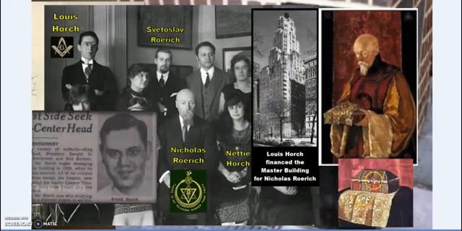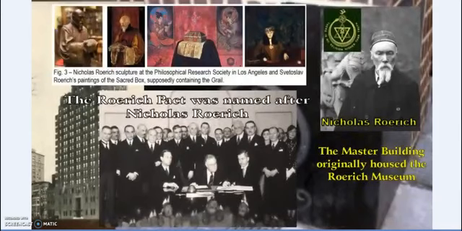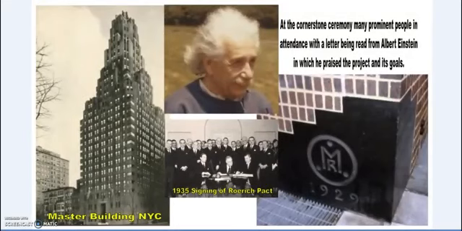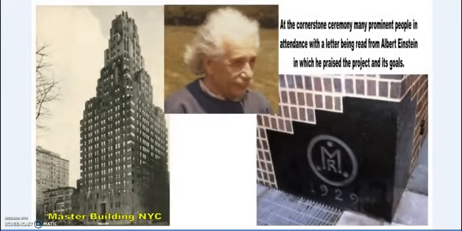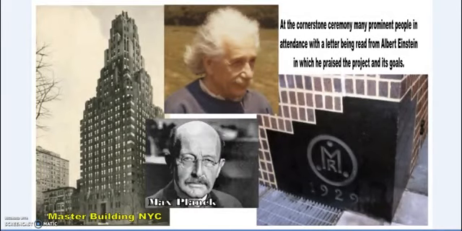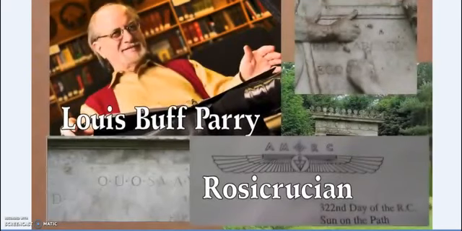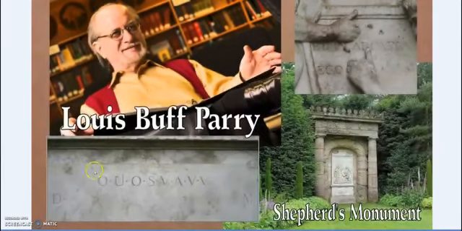What's in the box, why are so many people interested in it, why is there such an international influence of particularly Nicholas Roerich, the money, and basically Max Planck and Einstein were the high priests at the time, and Rosicrucians. It was especially this inscription which Louis Parry claims to have found the meaning to, and again, the pillow stone of Jacob and Rosslyn Chapel.